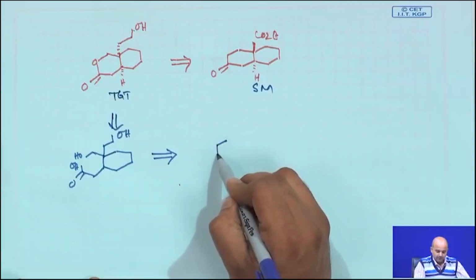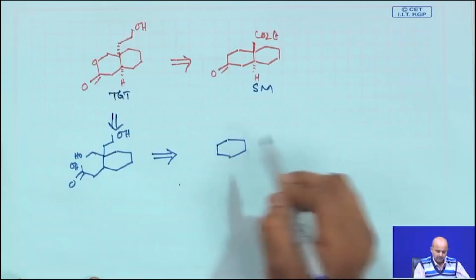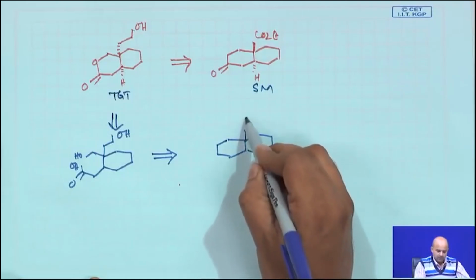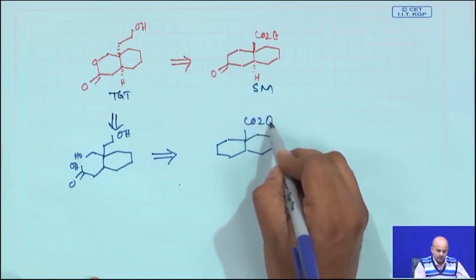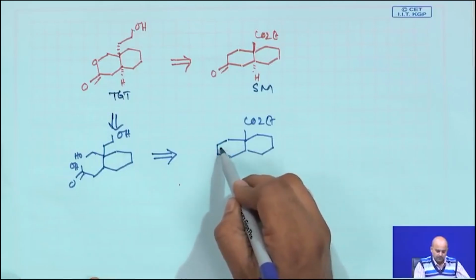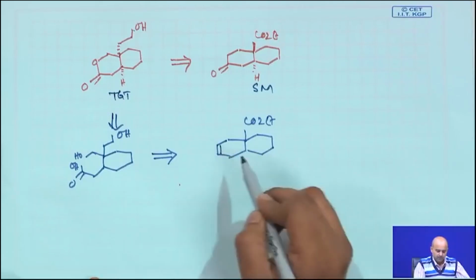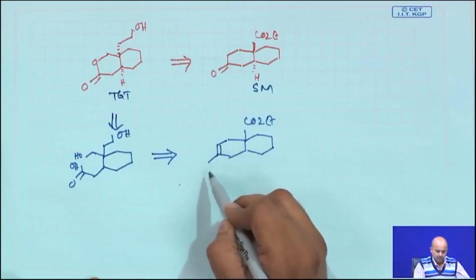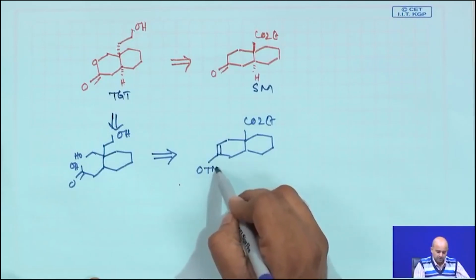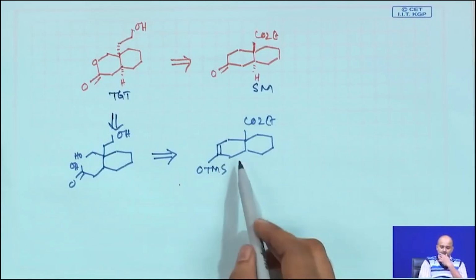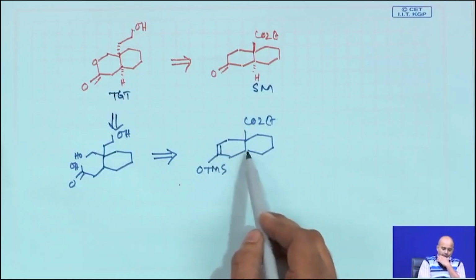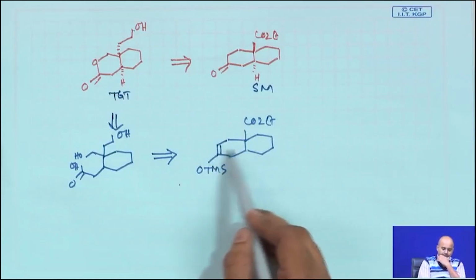Now we say that we formulate an intermediate. If you have this intermediate, you basically do an ozonolysis, right.